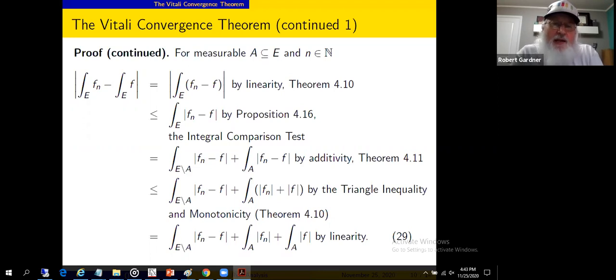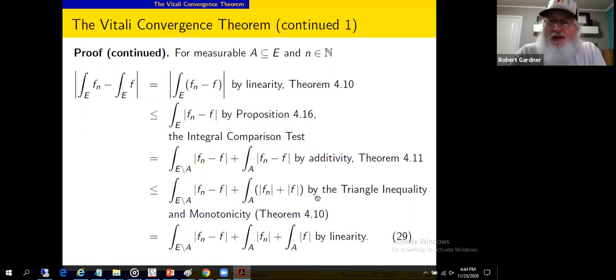We can apply, let's see next, the triangle inequality pointwise here. The absolute value of f sub n minus f, pointwise, is less than or equal to the absolute value of f sub n plus the absolute value of f, pointwise. That is, pick a particular x value. You get this evaluated at that x value less than or equal to this plus that evaluated at that x value.